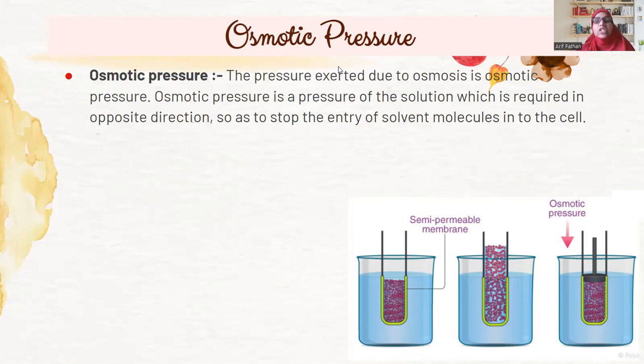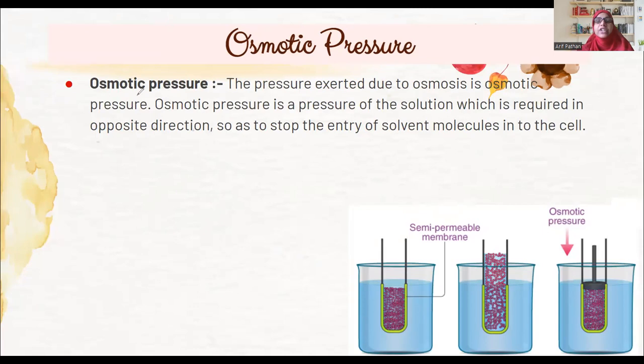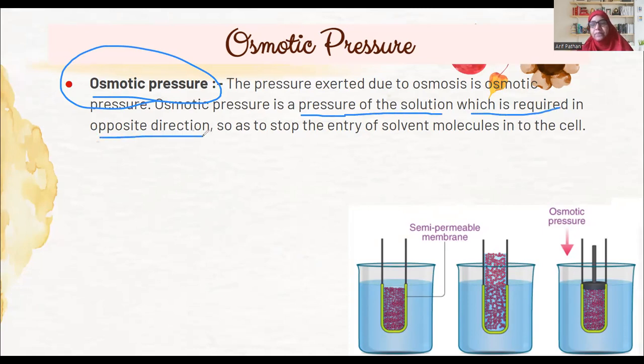Because of osmosis, either endoosmosis or exoosmosis, a pressure is created, which will be known as osmotic pressure. So what is this? It's a pressure of the solution which is required in the opposite direction to stop the entry of the solvent molecules in the cell.